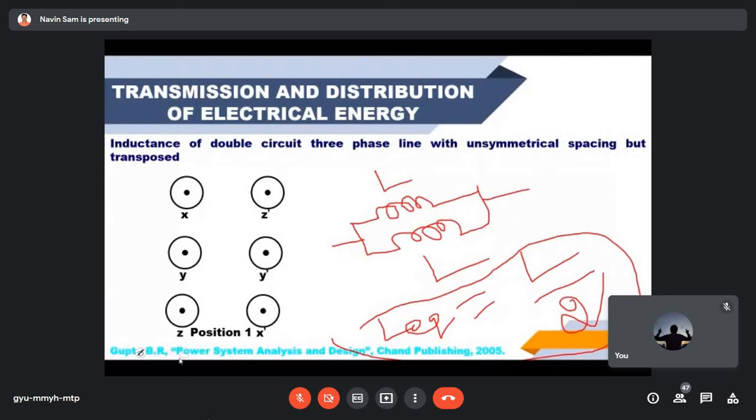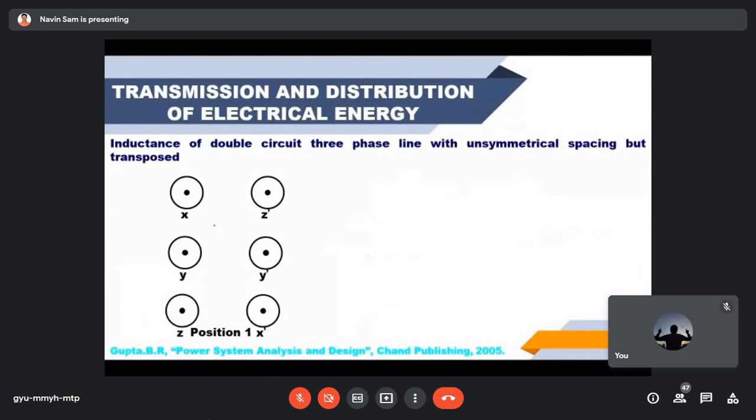So in a parallel circuit, say for example, the conductors are all identical in nature. That means X is similar to X dash, and whatever inductance is provided by X will be equivalent to X dash.